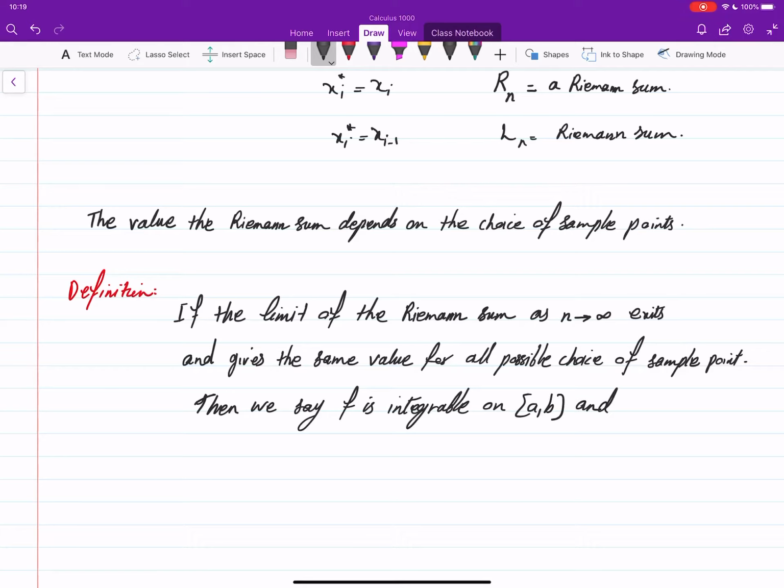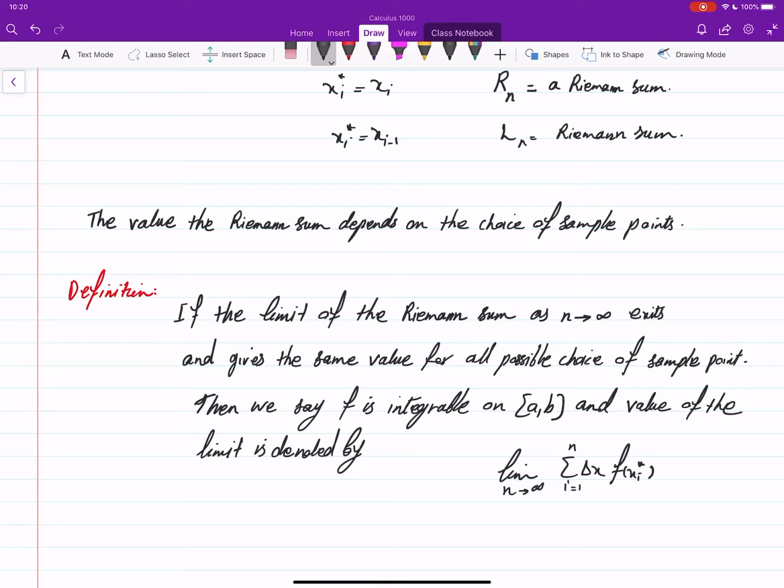and the value of the limit, so what was the limit? The limit of the Riemann sum, i going from 1 to n as n goes to infinity, this value of the limit has a notation, is denoted by this notation. See, we have the function f of x. We write dx, same variable here, going from a to b.